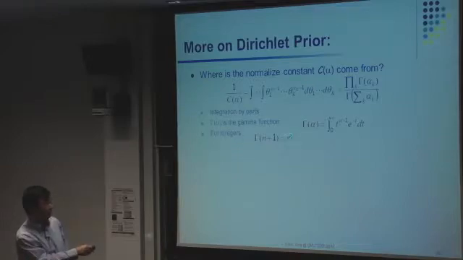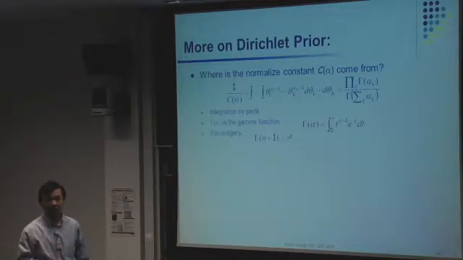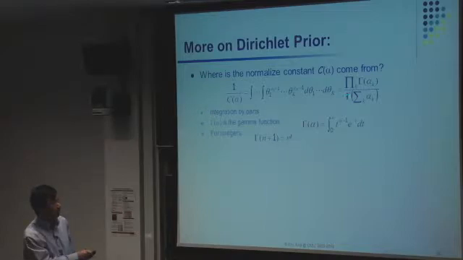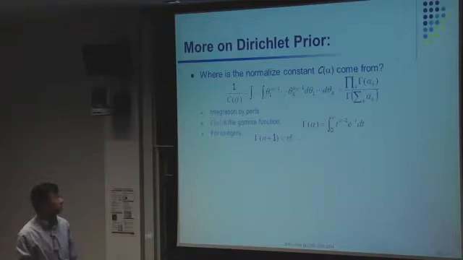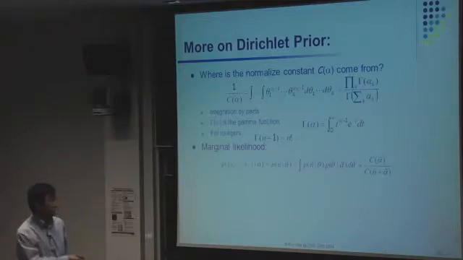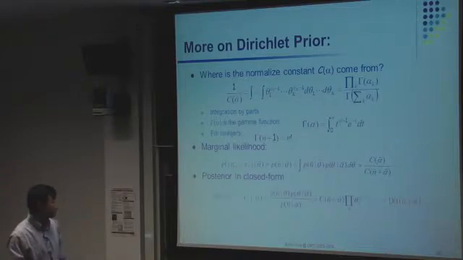Gamma is defined by a factorial of the argument, and here you have the product of gammas over every hyperparameter, and here is gamma over the sum of all the hyperparameters. Hopefully it's easy to remember. Once you know that, you can be more comfortable dealing with all these posterior and prior transformations. And you can compute this marginal likelihood in a much easier way.